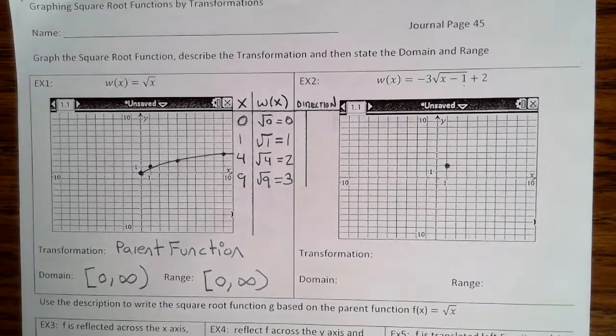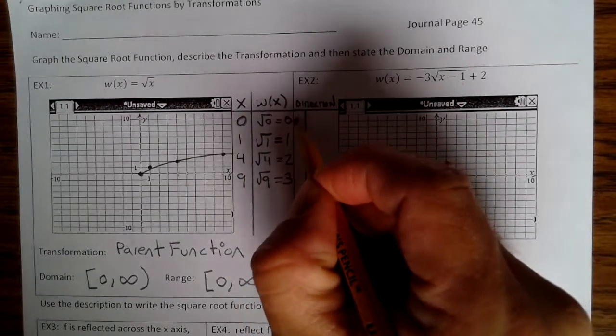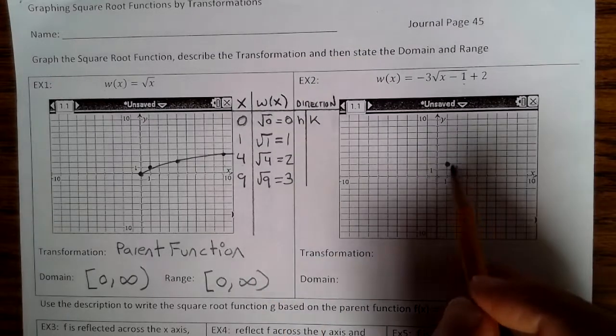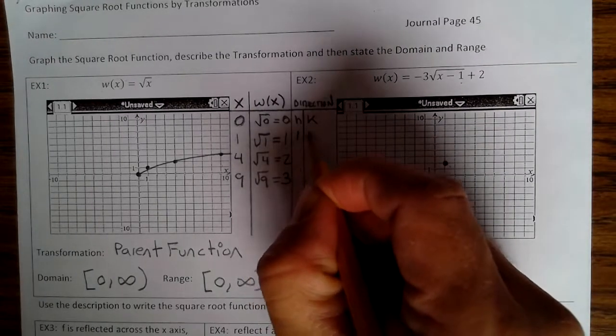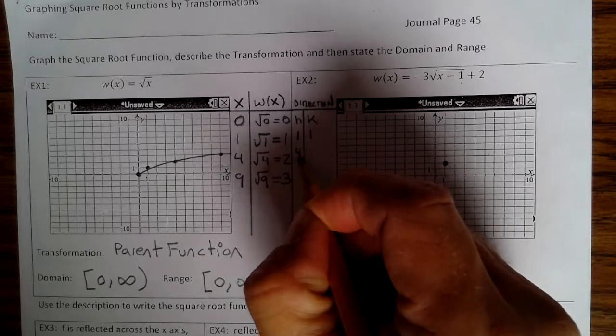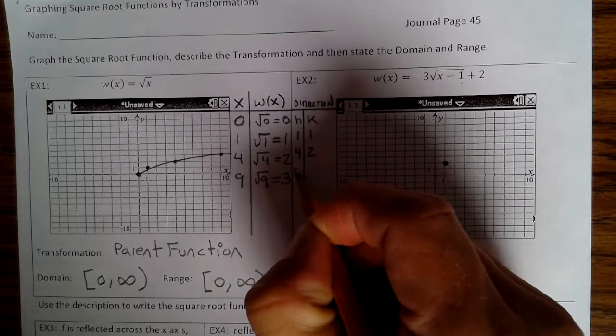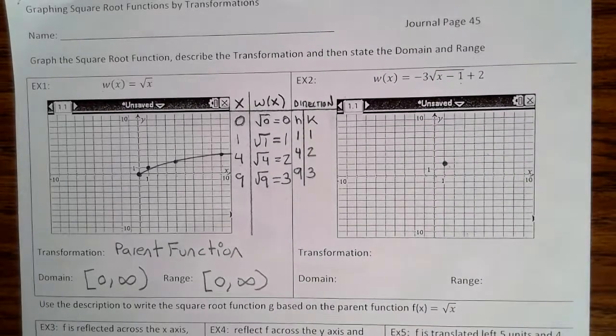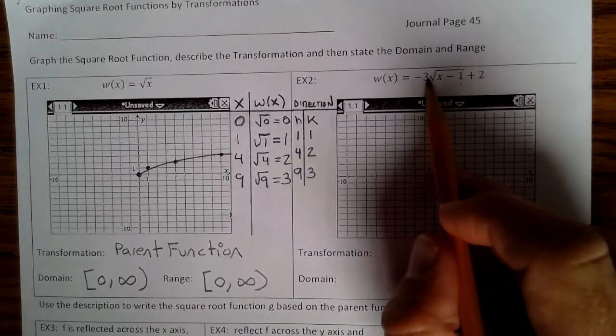Okay. Now we're going to use these directions. So instead of (0, 0), our new vertex is (h, k), which is right here. (1, 1), (4, 2), (9, 3). But we see here that we have to multiply the y directions by negative 3.